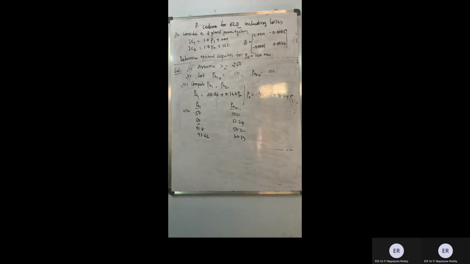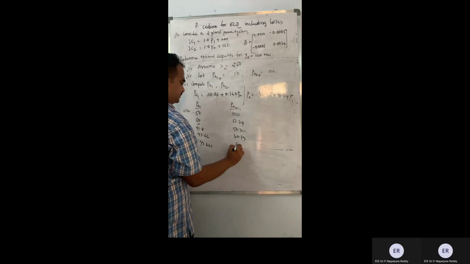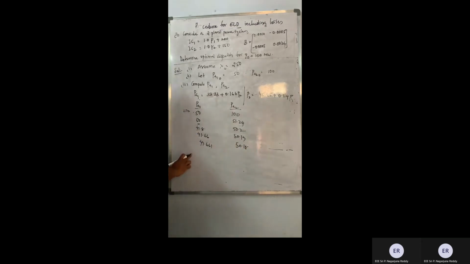Again 50.19 is to be substituted again here. 50.19, 2.166 plus 33.6. So its value is going to be again 41.66. This is 50.1918. See, the values are converging.